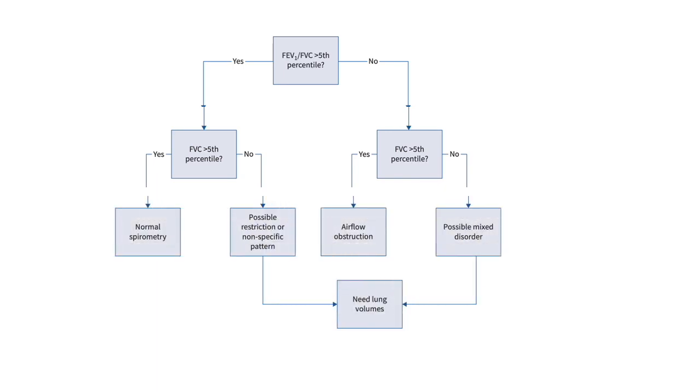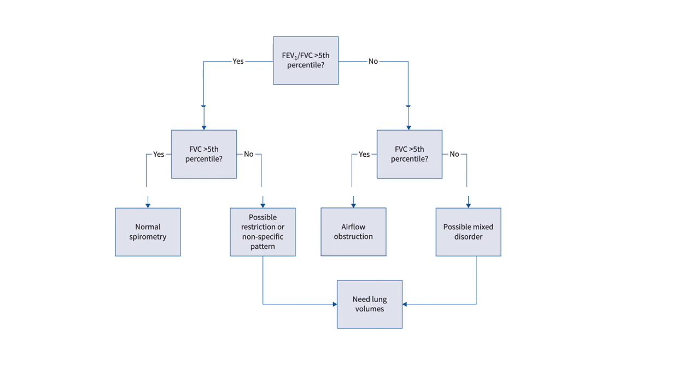So if your ratio is normal and the FVC is also normal, then this is essentially a normal spirometry. If your ratio is not normal and FVC is also not normal, then there's possibly a mixed disorder, because not only the forced vital capacity is affected, but the ratio is also affected.